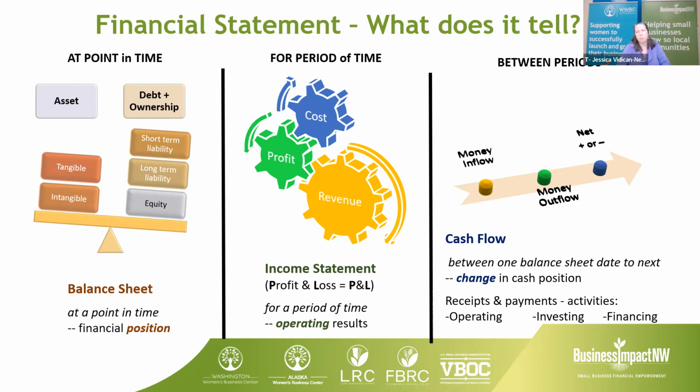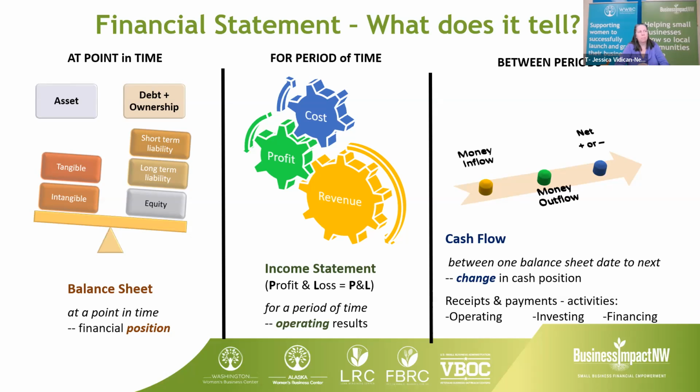The profits that your business makes become your owner's equity, and those will pile up and grow your owner's equity over time. In years that you have a loss, your owner's equity on the balance sheet will go lower. So the balance sheet is all about what's happening at this moment in time, up to this point.